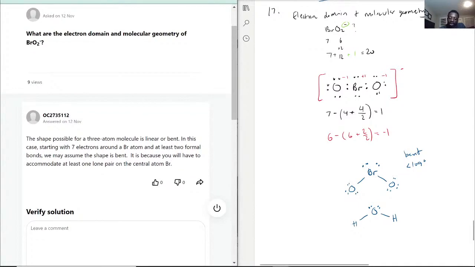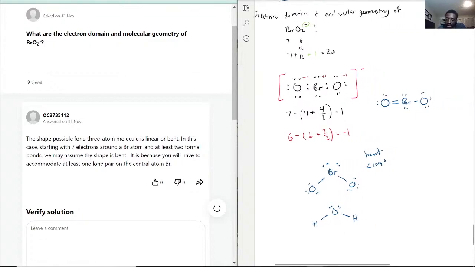If we try to do something very strange, let's see what happens if we made it a double bond. Although now bromine breaks the octet rule, maybe it's technically more stable because the charges end up close to 0. We try to find out, what's that number called again?